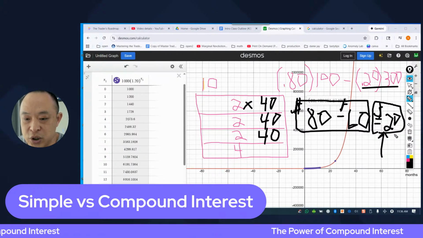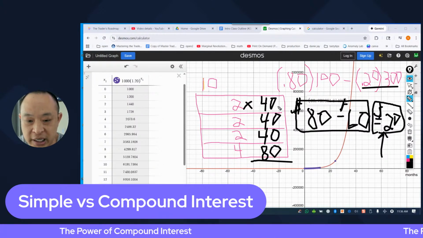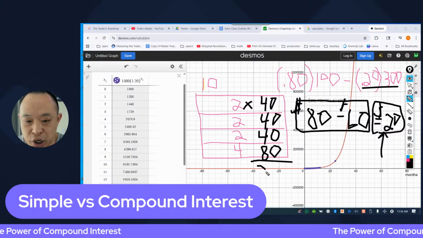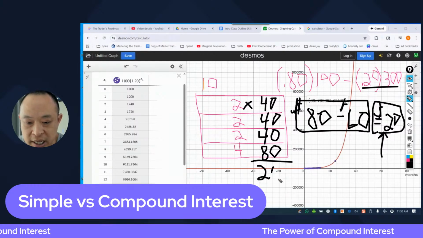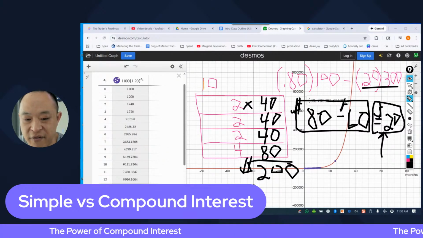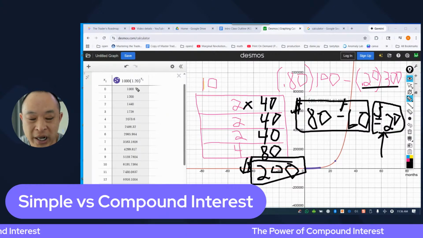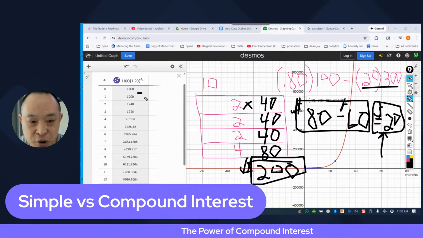But now 20 times 4, you're going to expect to make $80 out of 4 trades. You add all that together, you're going to make $200. That's how you calculate what you expect to make after 10 trades. So every month you're going to make 200 bucks. That is 20%. That's how you make 200 bucks the first month.